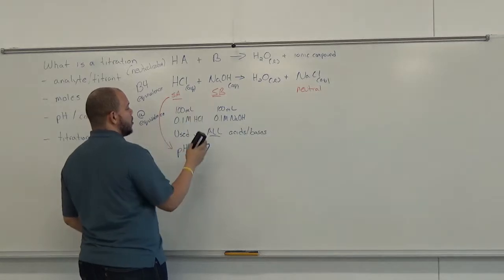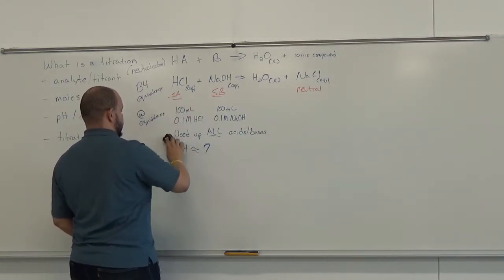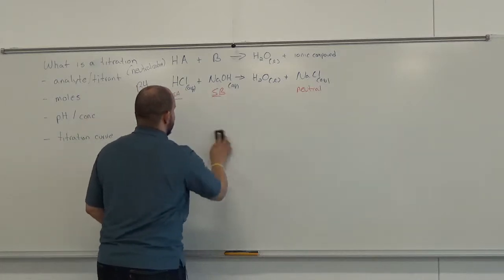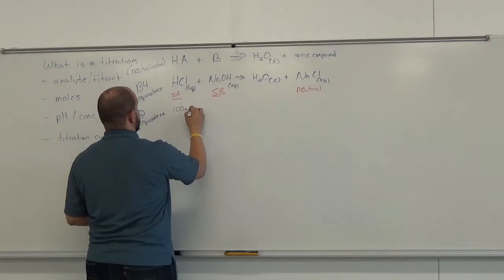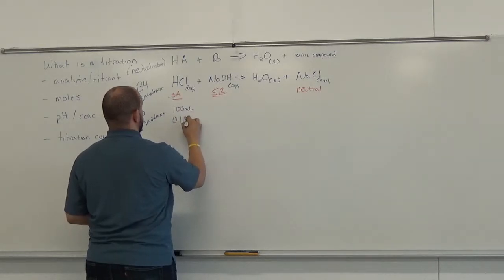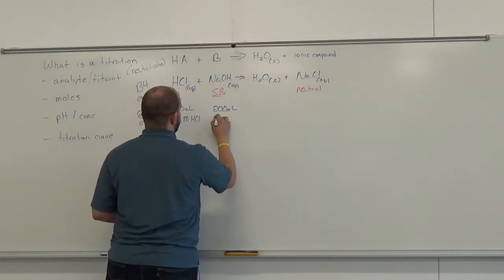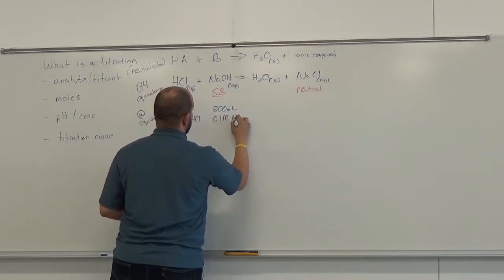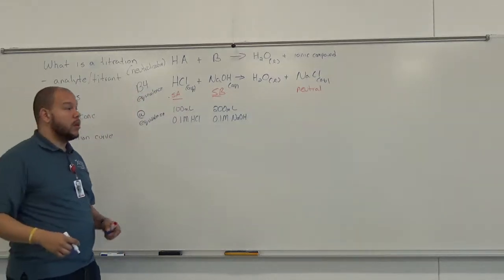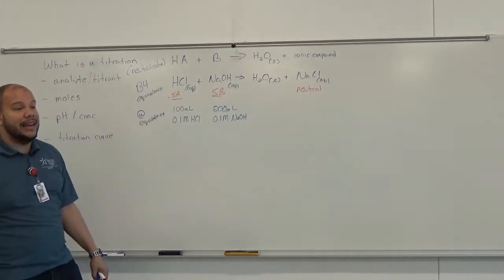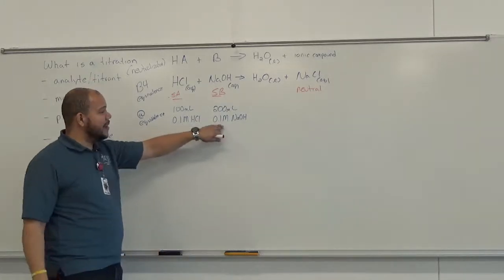So after equivalence would be if we were to add more sodium hydroxide. So let's say that we had 100 milliliters of 0.1 molar HCl and we had 200 milliliters of 0.1 molar NaOH. Now, sodium hydroxide is not the limiting reagent.